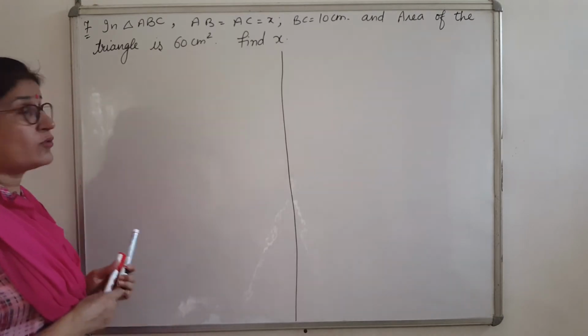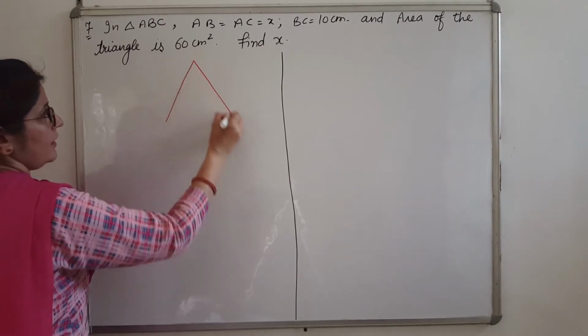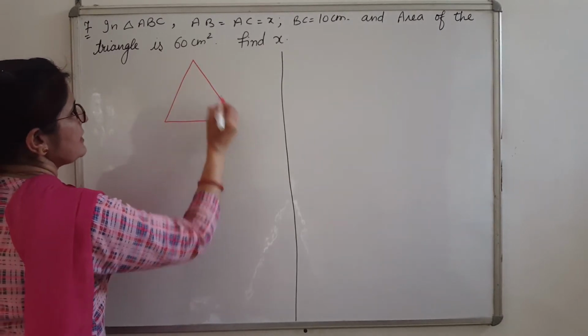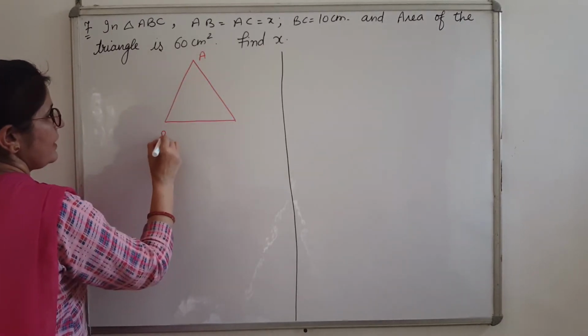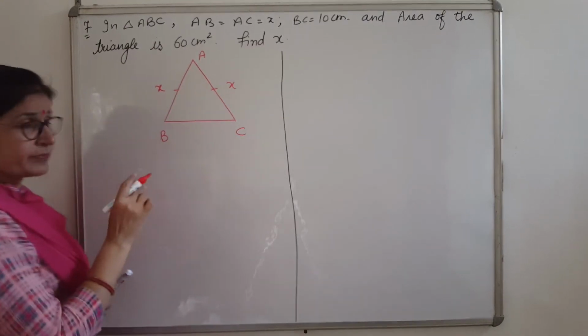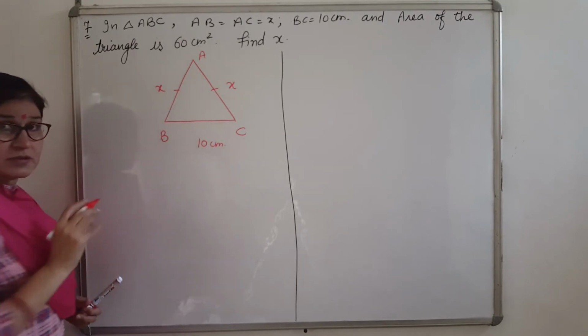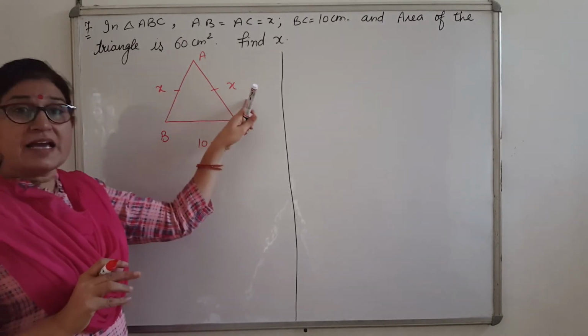First we will draw the triangle. In triangle ABC, A, B and C. These both sides are given x and x. BC is given 10 centimeter. It is an isosceles triangle.